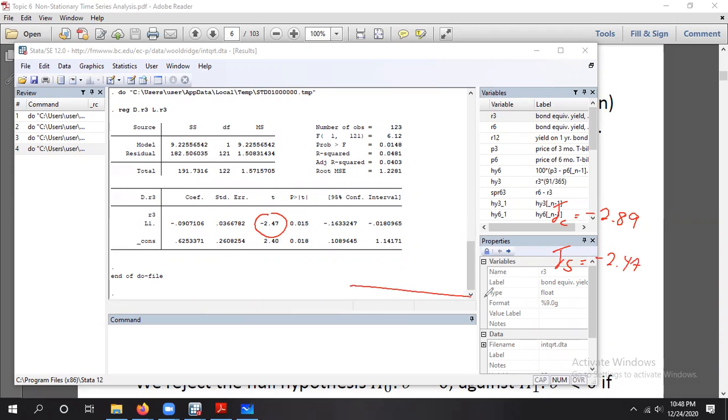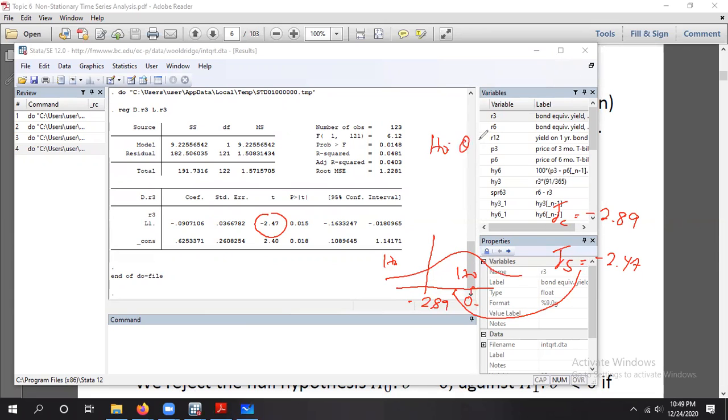Let's draw the graph. The critical value is negative 2.87, with H0 and HA regions. The statistic, negative 2.47, belongs to the H0 region.